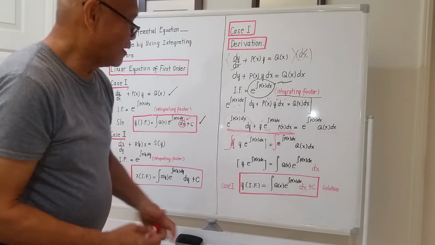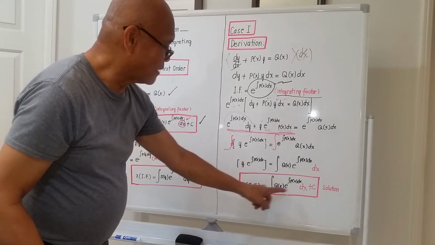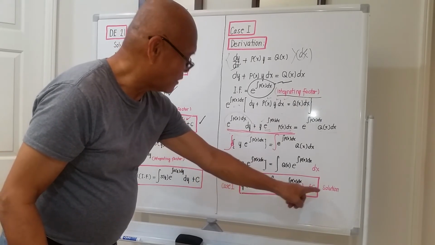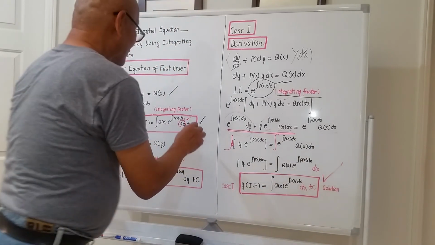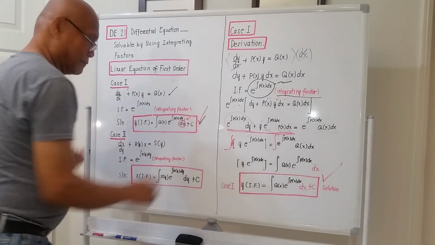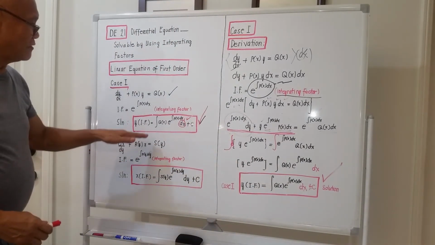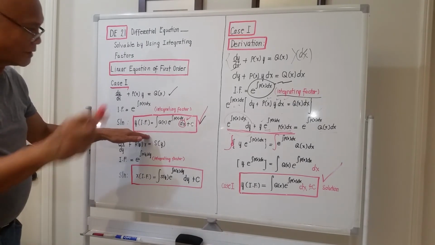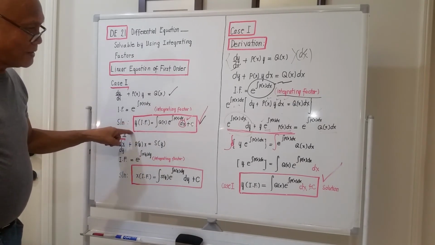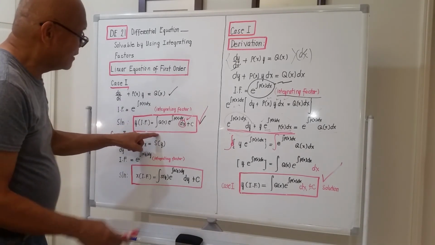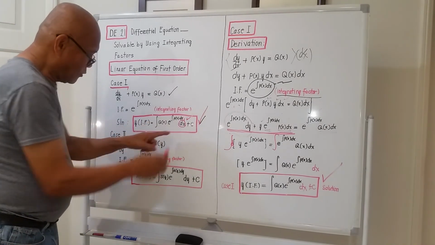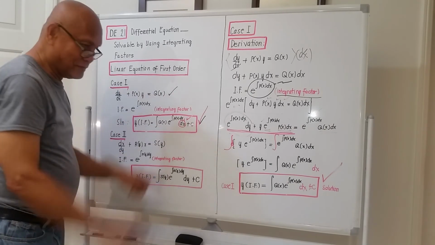So the right-hand side is the integral of q of x times the integrating factor times dx, plus c. That's the derivation of the general solution under case number 1: y times the integrating factor equals the integral of q of x times the integrating factor multiplied by dx, plus c.